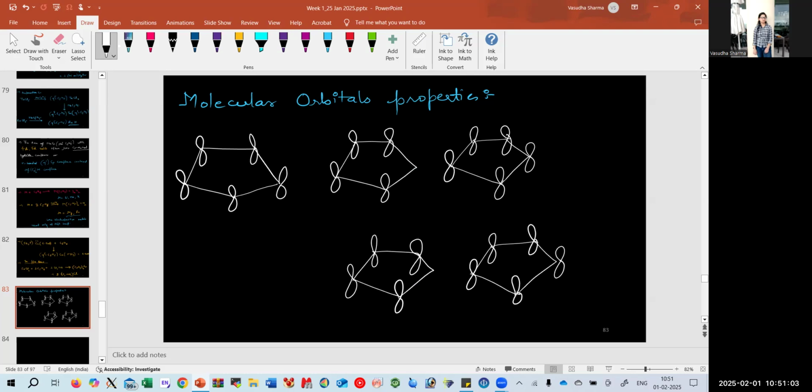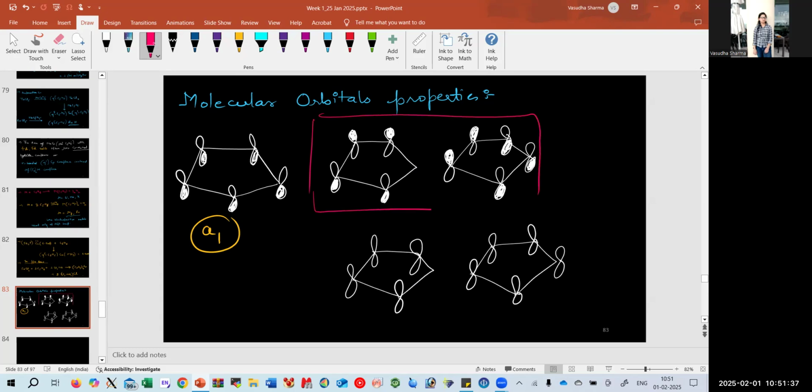The first one that we have is symmetrical lobes. So this would form a sigma bond, but it is called the A1 bond. Then we have two above, two down lobes, and here come two above and three down. So these two come in a category of E1.